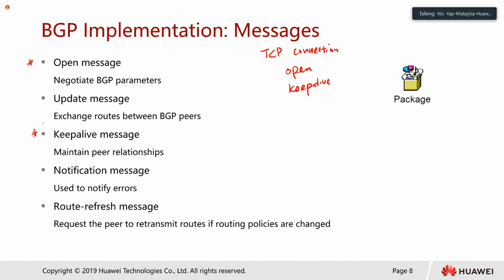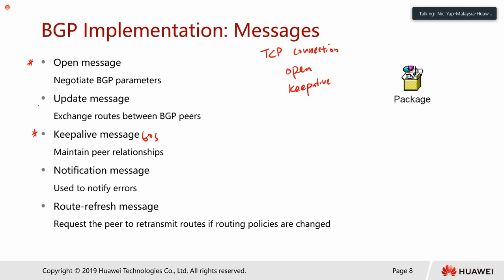Once TCP is formed, the next step is to send the open message, then keepalive. Keepalive is sent periodically every 60 seconds. The open message is sent just once; when you receive confirmation, I will not send the open message anymore. These are the 2 messages for establishing BGP peers, and keepalive is just periodic.